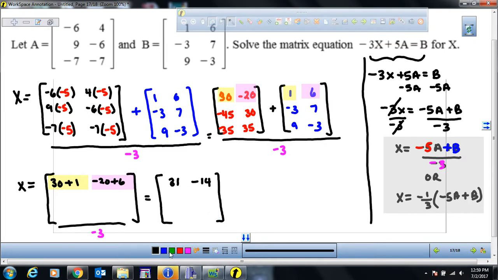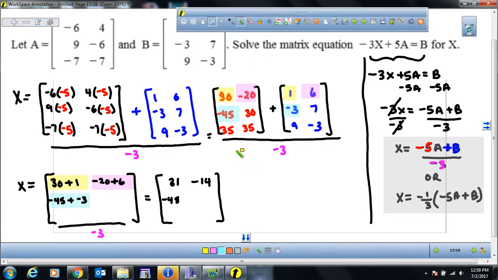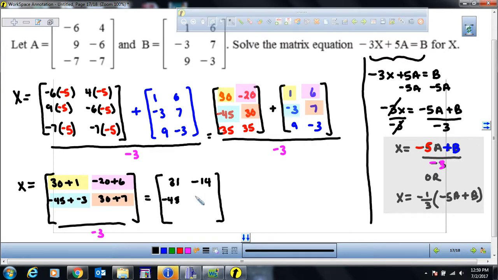Now, the element in the second row, first column needs to be added to the element in the second row, first column, which is negative 45 plus negative 3, that's negative 48. And the element in the second row, second column needs to be added to the element in the second row, second column, which is 30 plus 7, that's 37.